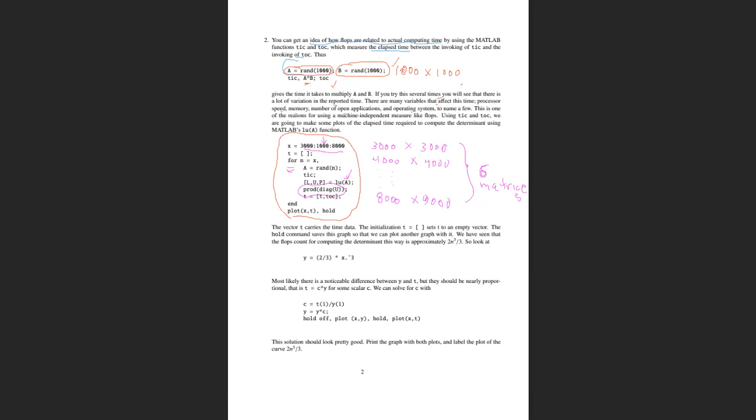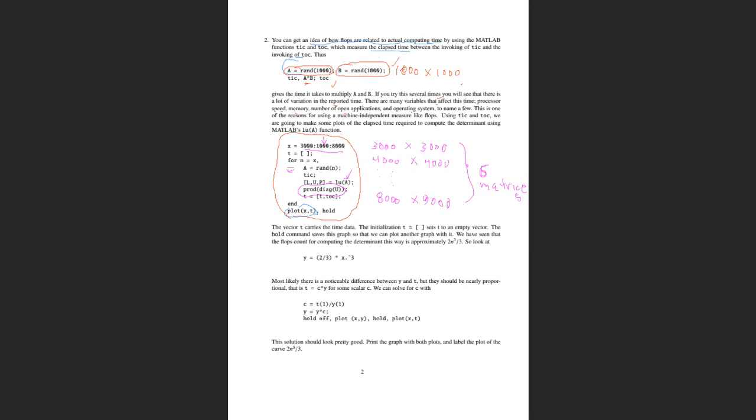And you're going to be recording the times, but then you're going to be plotting as well. You want to record the times and then plot the times. That's what this plot command's for here.